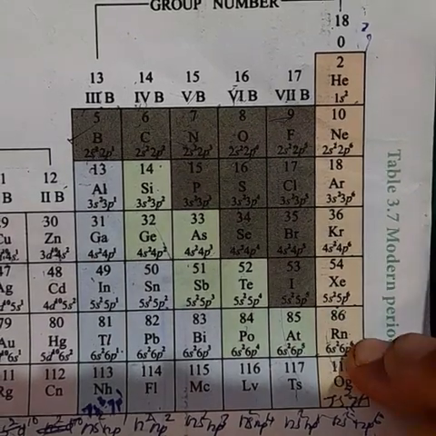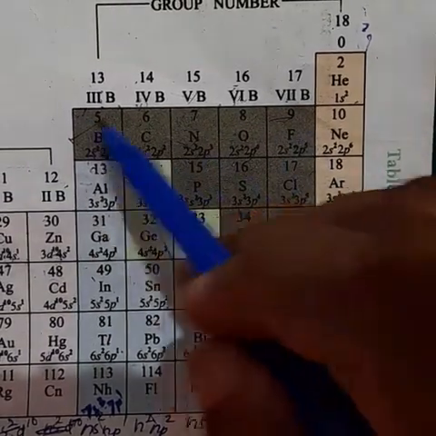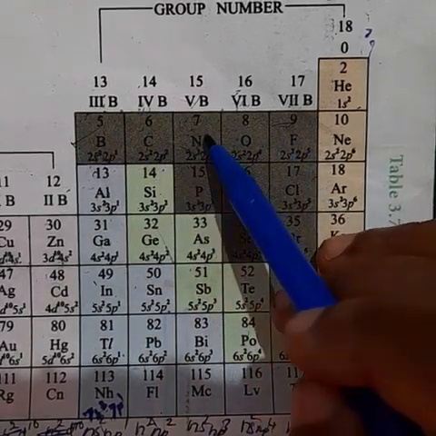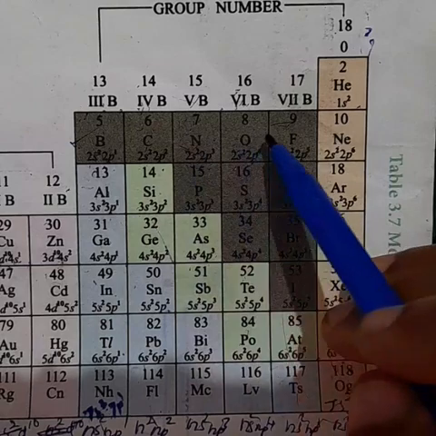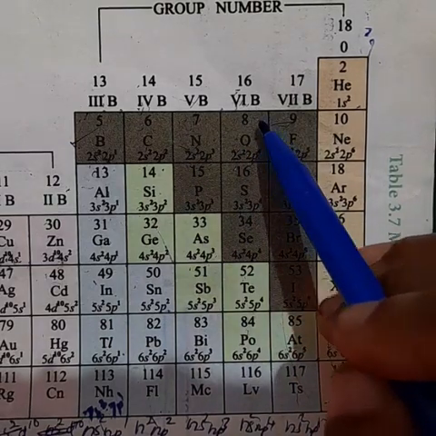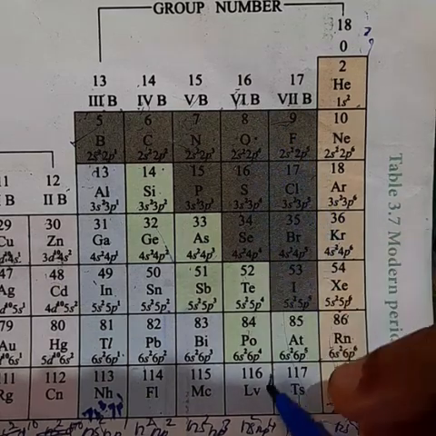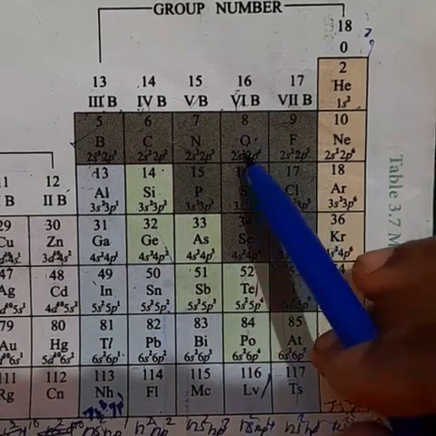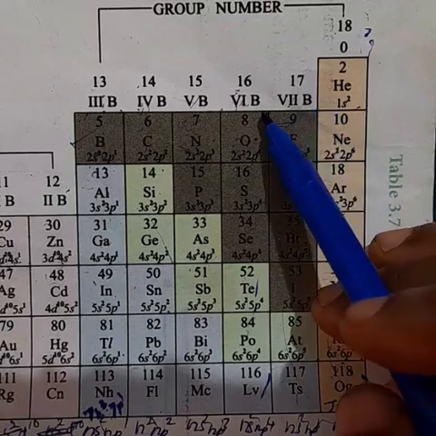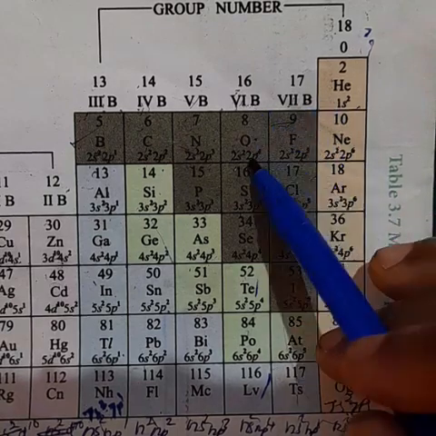Okay, this is the boron family, the carbon family, and the nitrogen family, called so because nitrogen is the first element. Group 16 elements are called the oxygen family, because oxygen is the first element, otherwise called the chalcogen family.